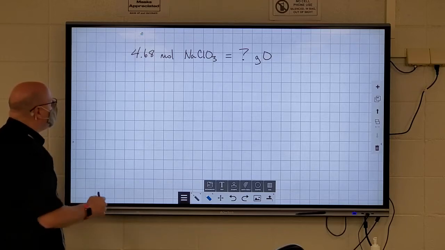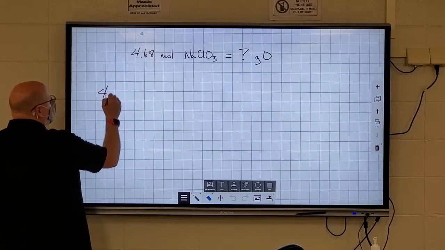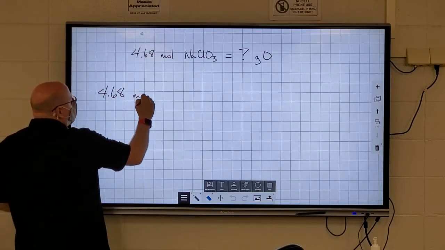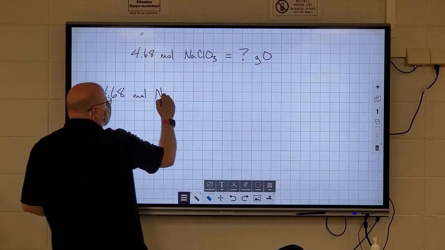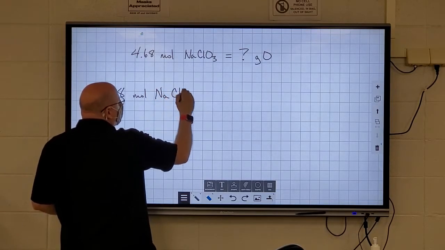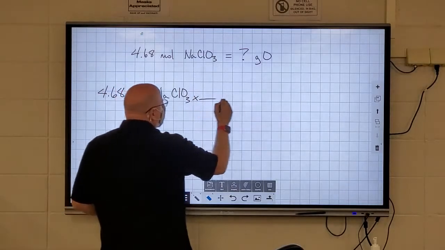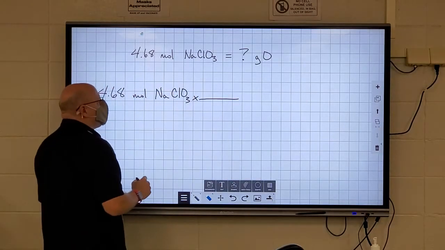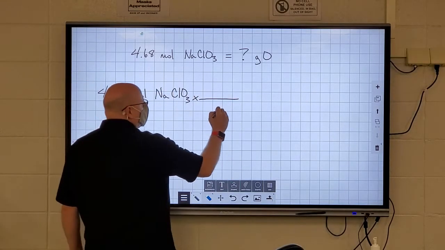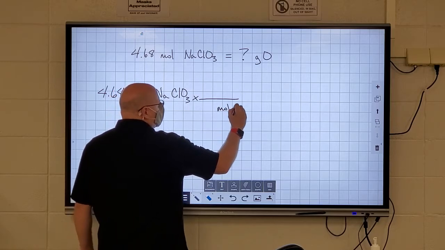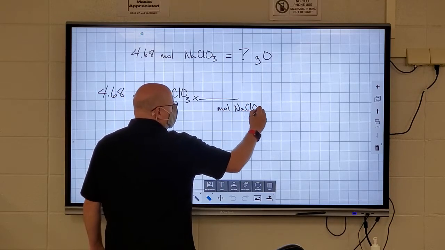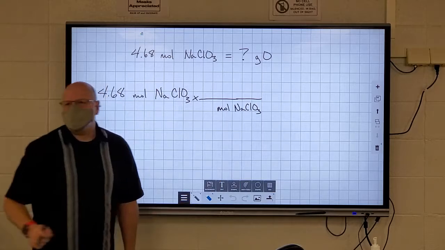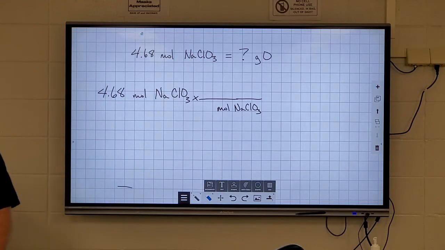Right? 4.68 moles of sodium chlorate multiplied by moles on the bottom of moles of sodium chloride. That is the bare minimum I should see written when you are starting a conversion.